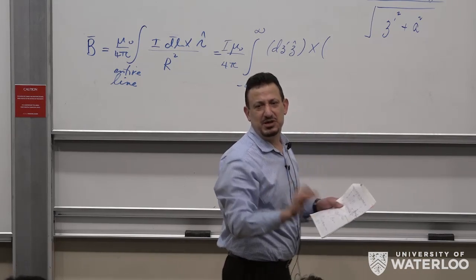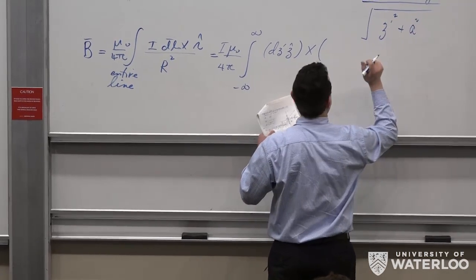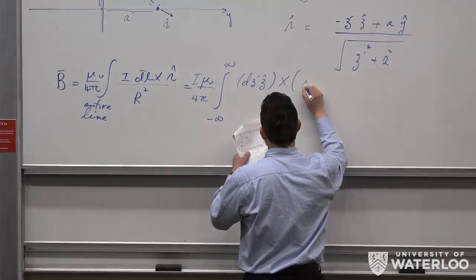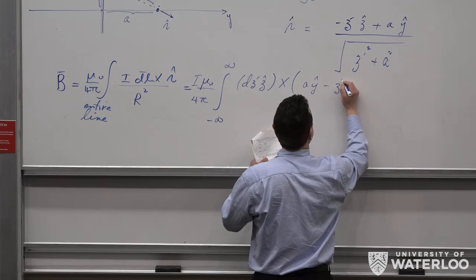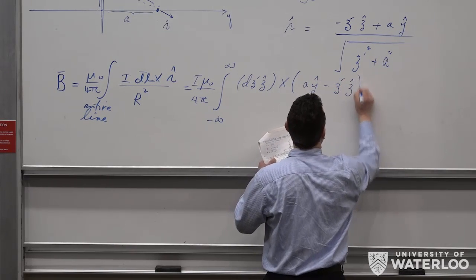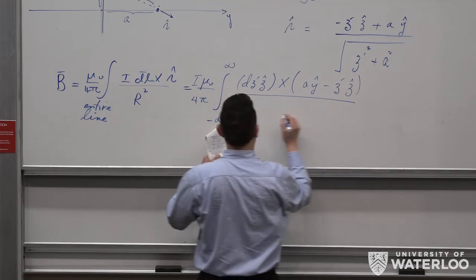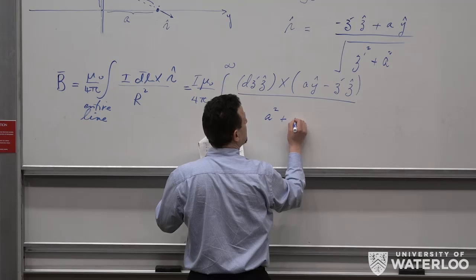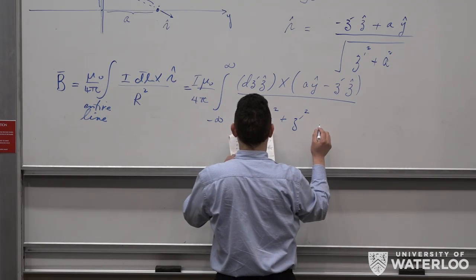You have three ways to do this problem. I used Y here, so I'll stick to the Y. So I have a y hat minus z prime z hat, divided by a squared plus z prime squared to the power 3 over 2.